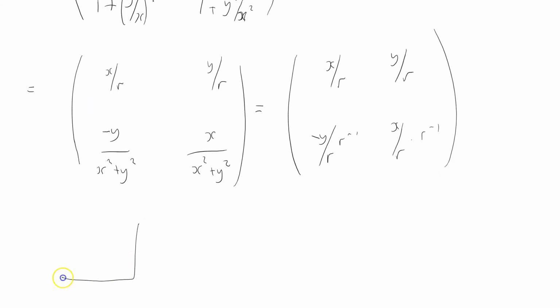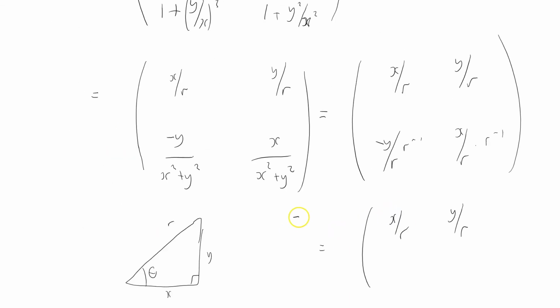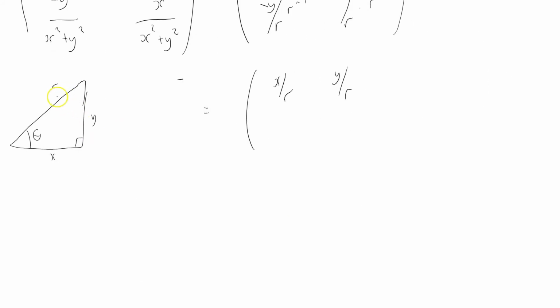If we go back to our little diagram, that's r, that's x, that's y, that's a right angle, that's theta. We can write it out in this form: x over r, y over r, minus y over r, that's sine theta, isn't it? So it's minus sine theta over r, and this one, of course, is cos theta over r.